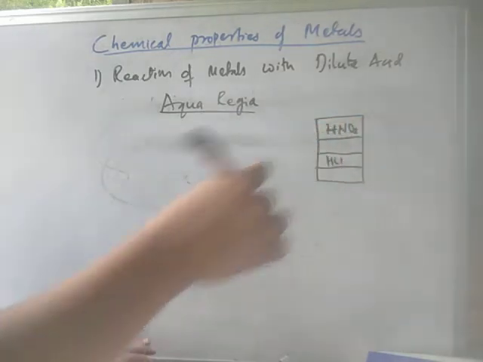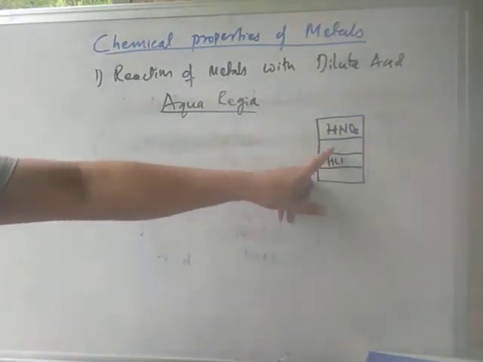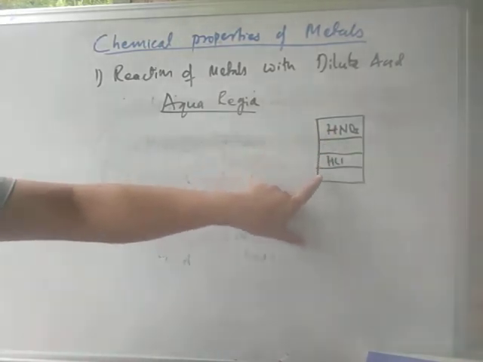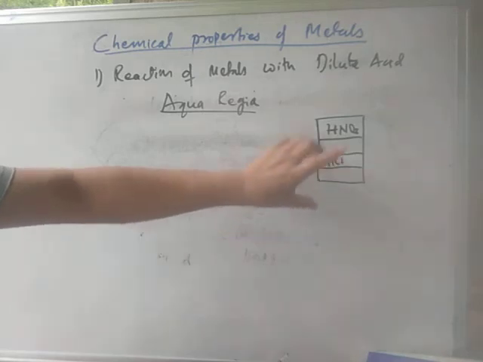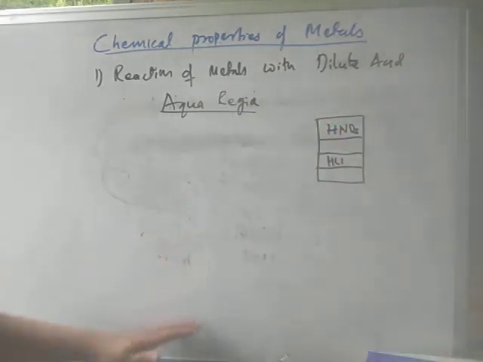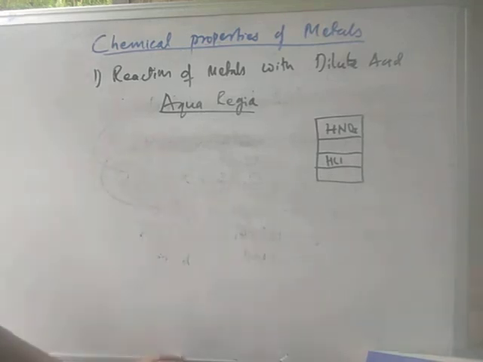If you make a solution of this type, 1 part nitric acid and 3 parts hydrochloric acid, then this mixture can eat or destroy any type of metal.